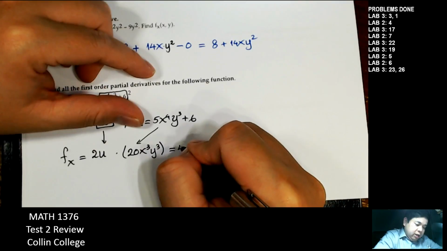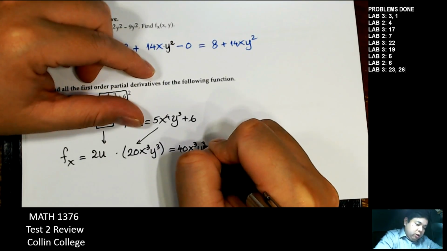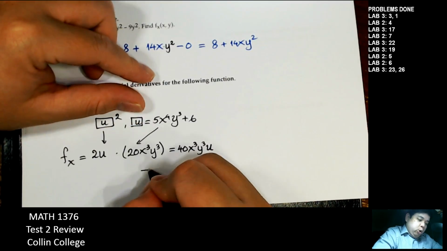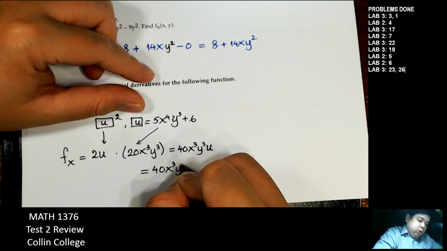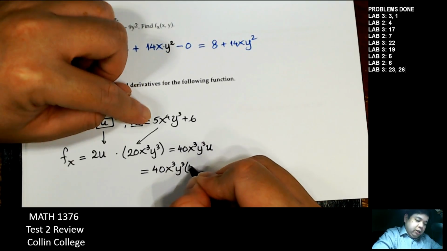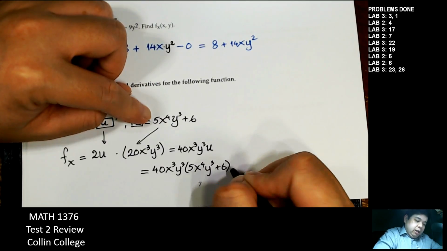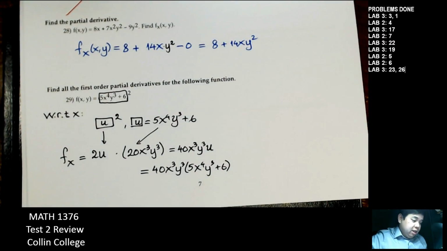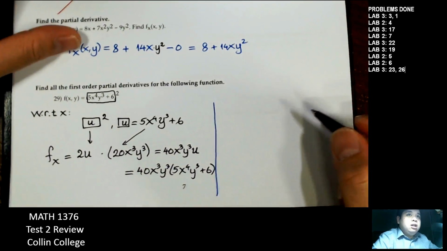So that will be 40x cubed y cubed and then u. We can multiply it out or not, but I'll just leave it like that. So that is with respect to x.